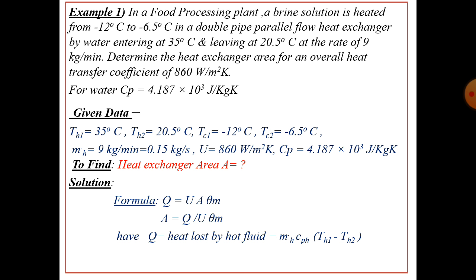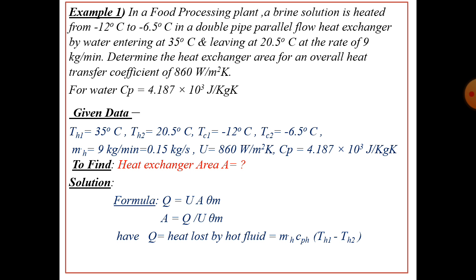Now let us move towards the solution part. The formula which we need for heat exchanger is Q is equal to U into A into theta m. As we need to find area A here, let us write this formula in the form of area: A is equal to Q upon U into theta m.